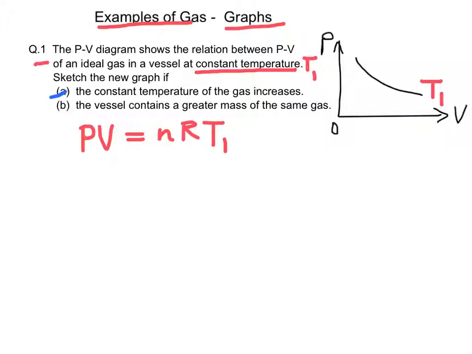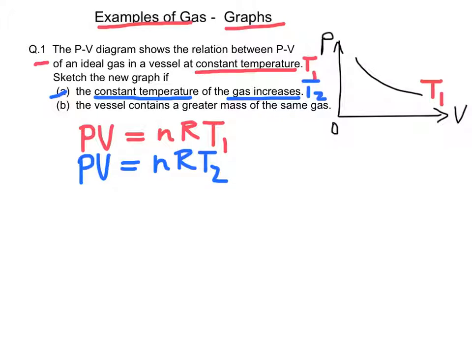For part A, if the constant temperature of the gas increases to, for example, T2, then we have PV equal to nRT2, with T2 larger than T1. Because T2 is larger than T1, that means the product of the pressure and the volume increases.